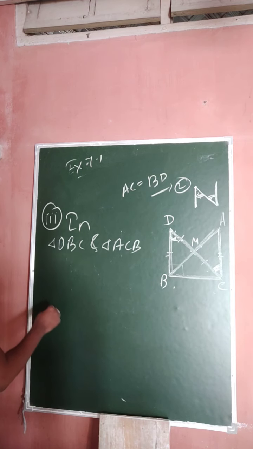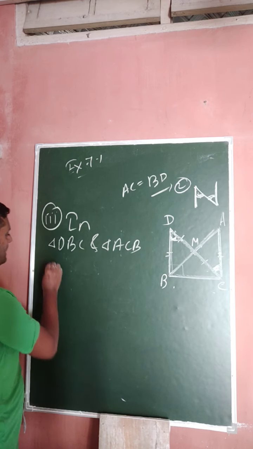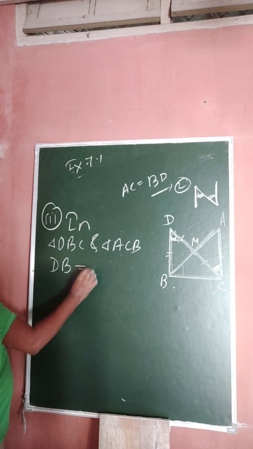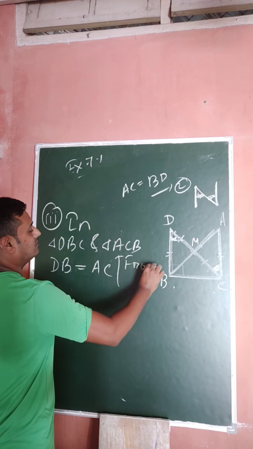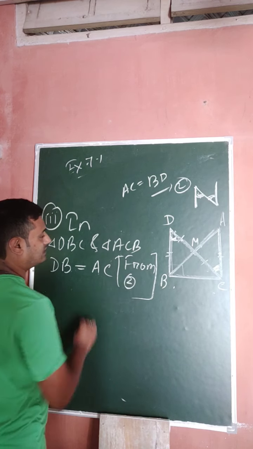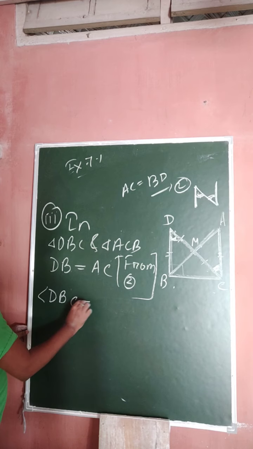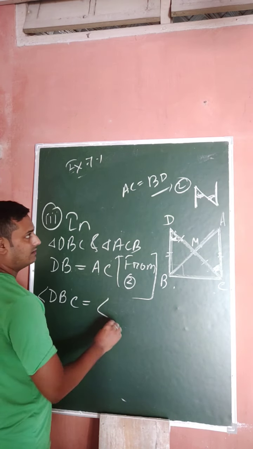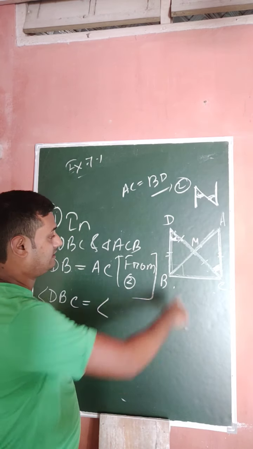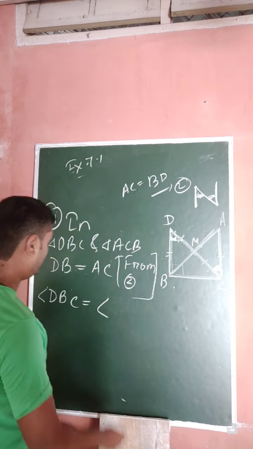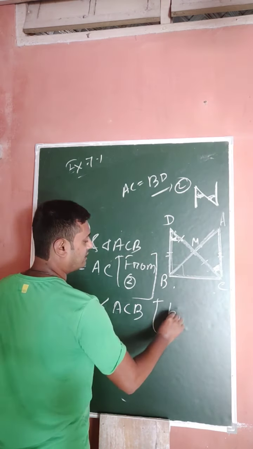That means you can write this one from this one. DB is equal to AC. Within brackets you write from 2. Again, angle DBC is equal to angle ACB, both are 90 degrees.